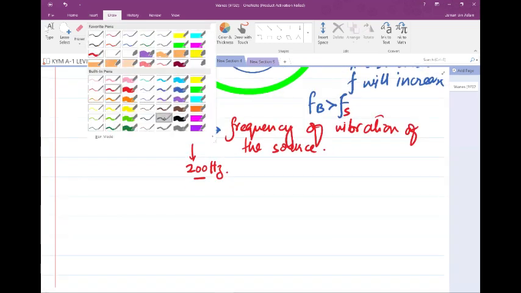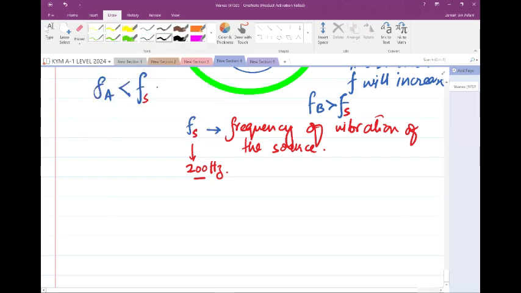Here I'd like to introduce a formula that will be used for calculating these frequencies.